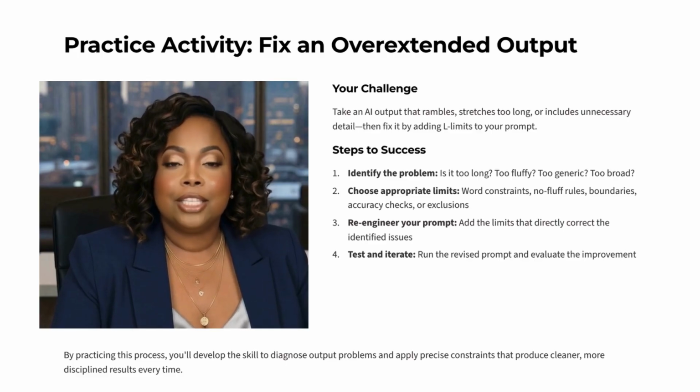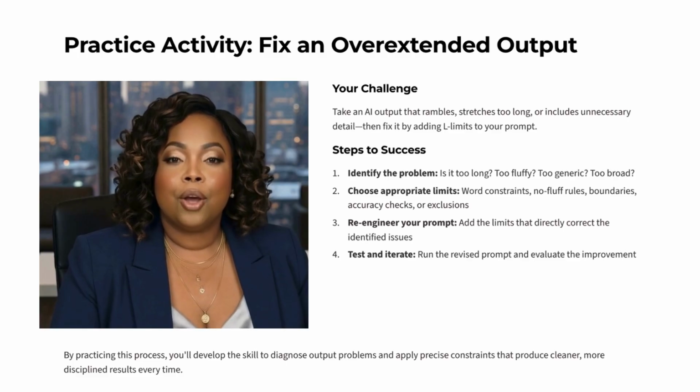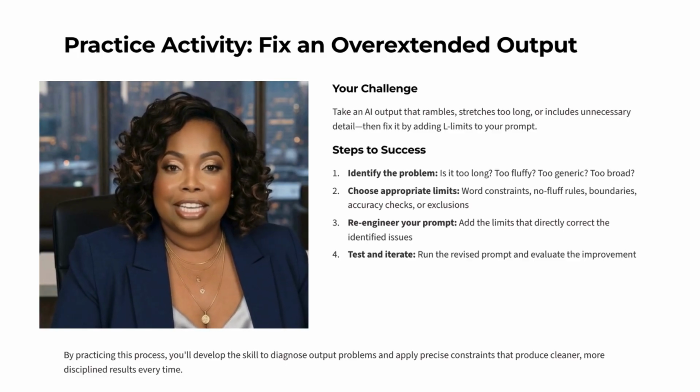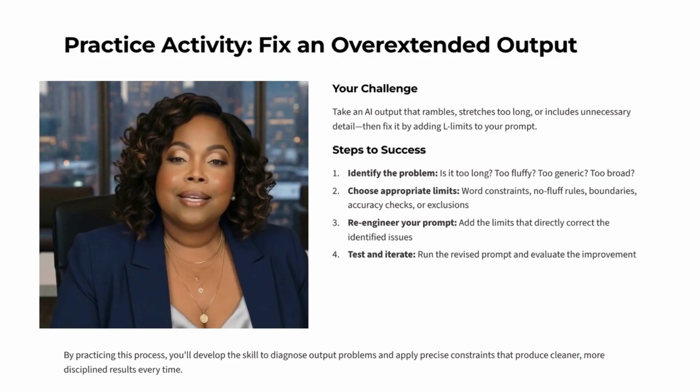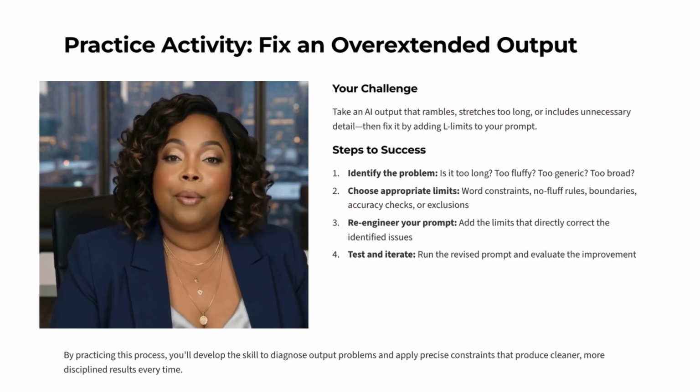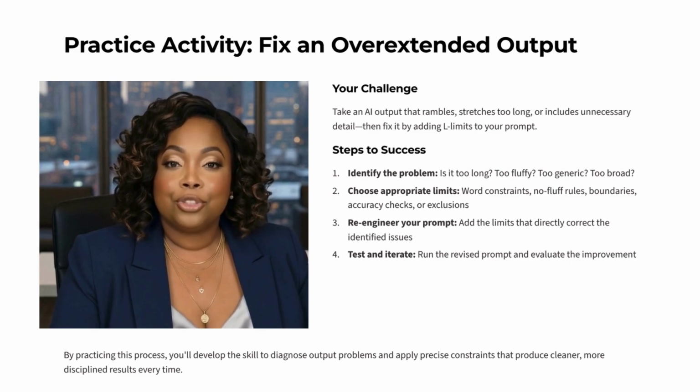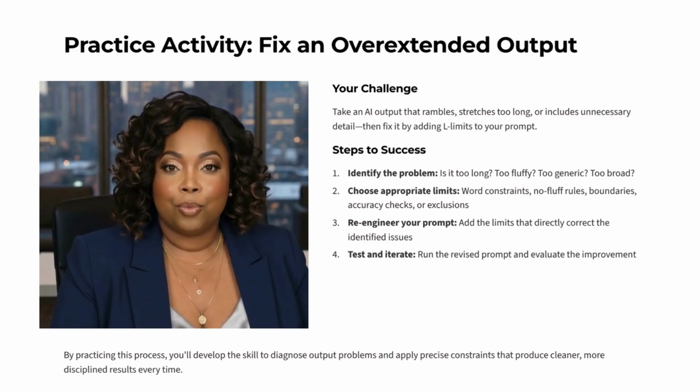In this activity, your challenge is to take an AI output that rambles, stretches too long, or includes unnecessary detail, and fix it by adding limits to your prompt. Here are the steps to success. First, identify the problem. Is the output too long, too fluffy, too generic, or too broad? Second, choose the appropriate limits.